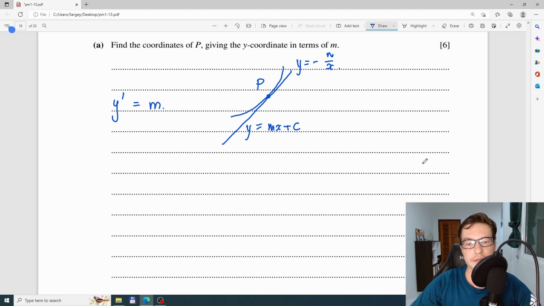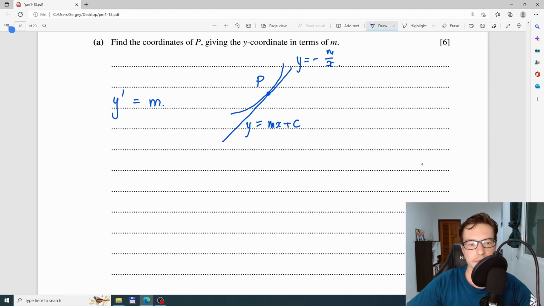Okay, now let's find the derivative of the curve. We know that y equals minus m times x to the power of minus 1. That's differentiated, and we get minus times minus 1 times m x to the power of minus 2. So minus and minus will be plus, and we get m over x squared.